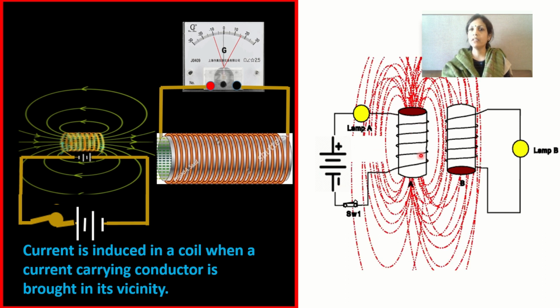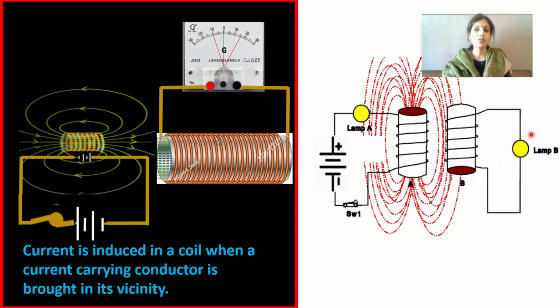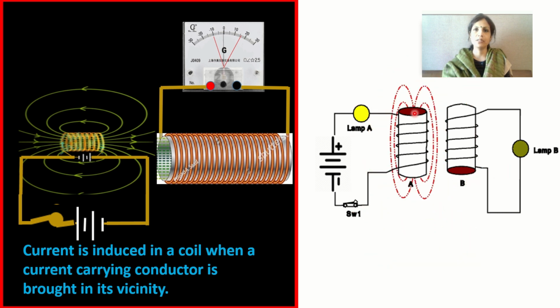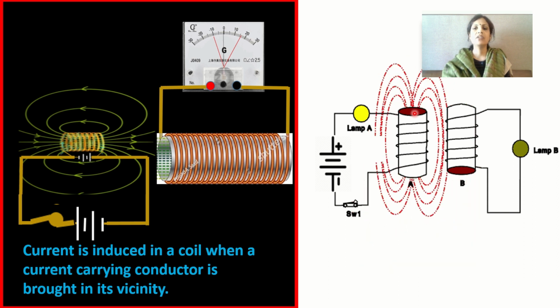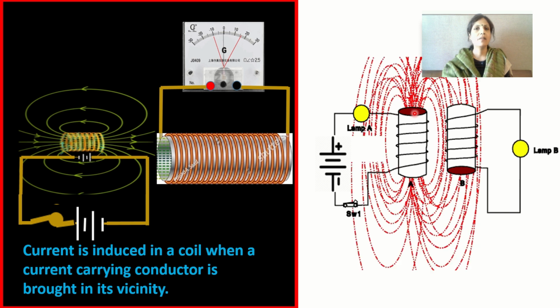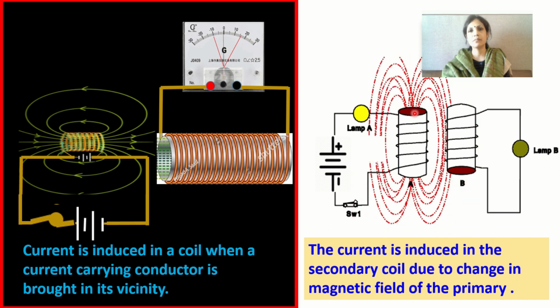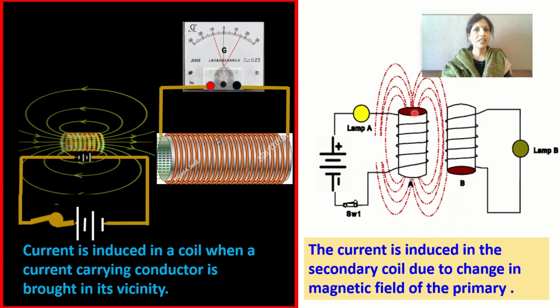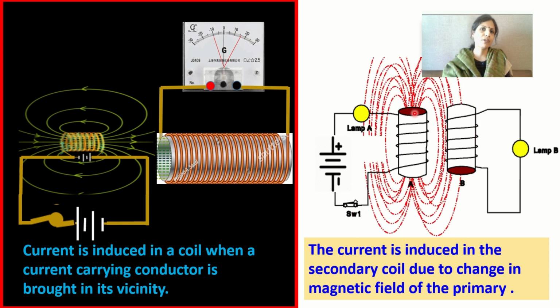The adjacent coil is not attached to the battery, but you can see that the bulb is glowing, because this tap key is continuously pressed down and up, and due to that there is a change in magnetic field, and that change in magnetic field is glowing the bulb. That means electric current is induced into the coil which is placed adjacent to the current carrying conductor. So the current is induced in the secondary coil due to change in the magnetic field of the primary.